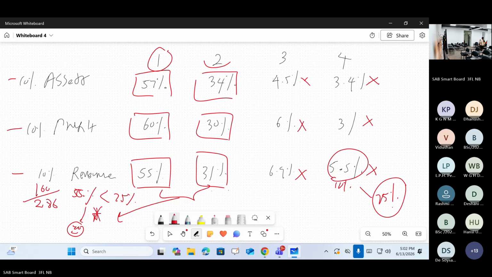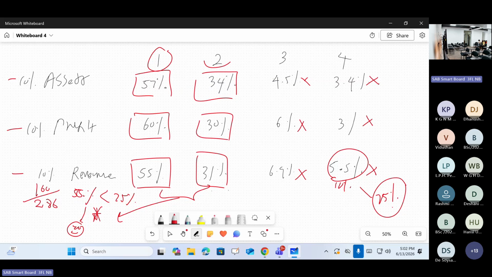75% of external revenue is given. And 75% of total revenue. External revenue will not be 75% out of external revenue.